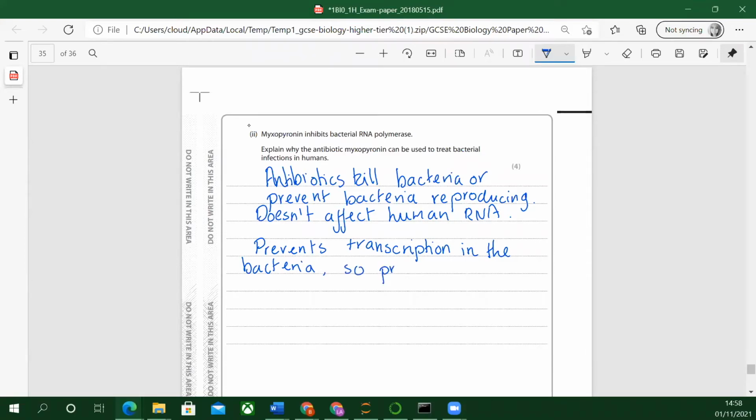So prevents protein binding. So that means no protein synthesis. Okay.